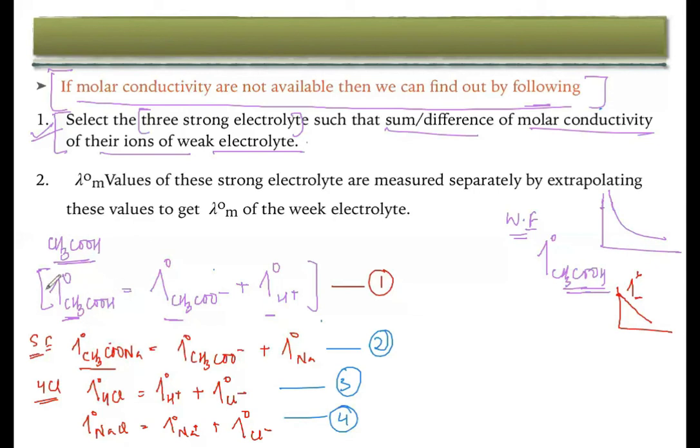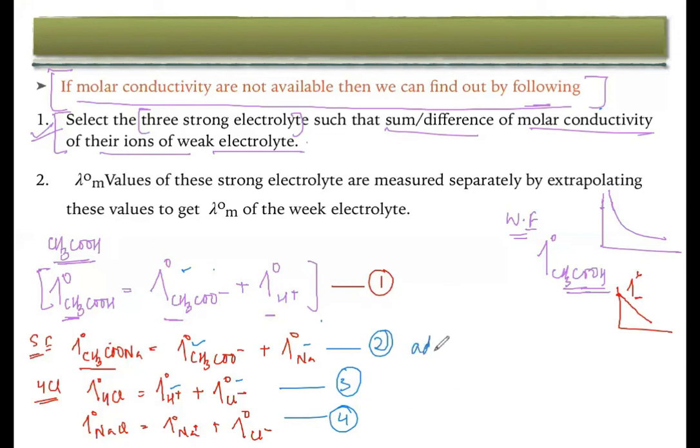Now we want to get the expression for equation 1. How can you get it? These values are already known, because experimentally we can calculate them, but experimentally we cannot calculate the values for acetic acid. So what I am doing is adding equations 2 and 3 and subtracting equation 4.